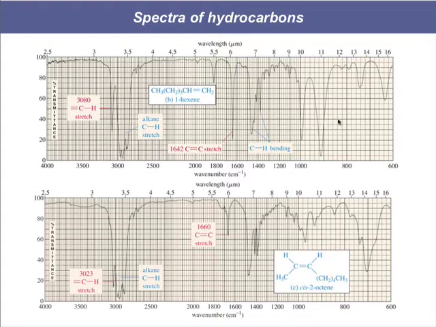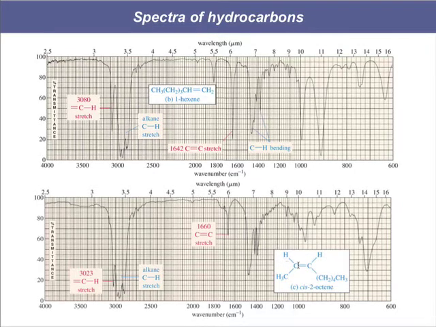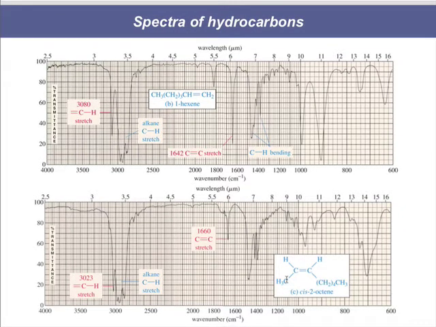So here's 1-hexene again. I just moved it up. So we compare it to cis-2-octene. Here's cis-2-octene. And again, it should look pretty similar. We've still got a carbon-carbon double bond that's showing up at 1660. And we've got a carbon-hydrogen sp2 bond right here.